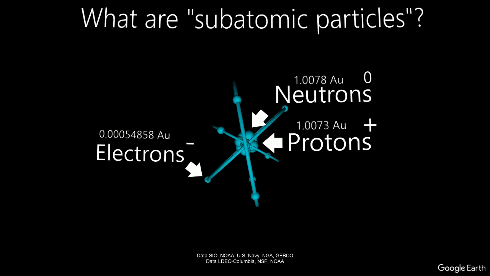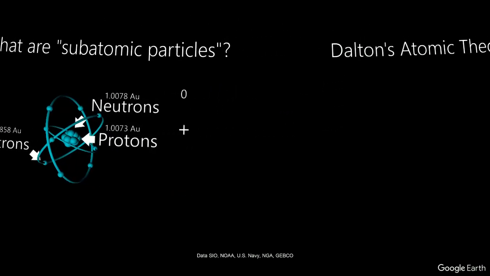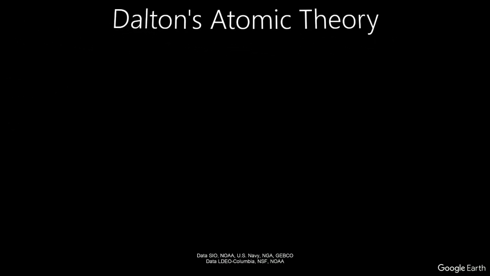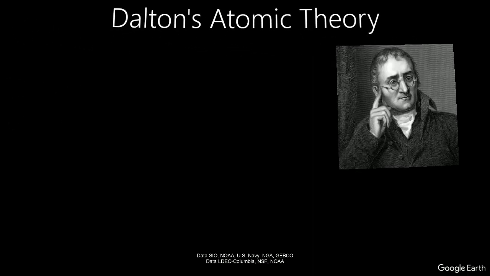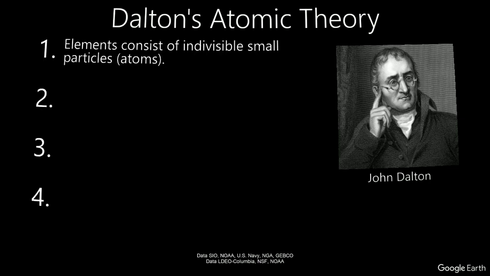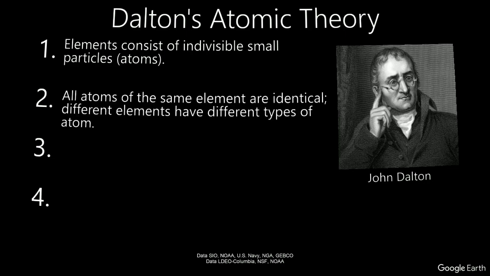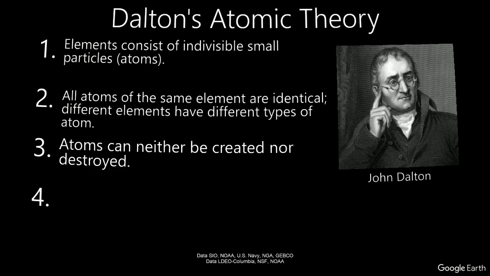Before we dive into the discovery of subatomic particles, however, we must understand the first general atomic theory, Dalton's atomic theory. Stated by English chemist John Dalton in 1803, it consists of four basic postulates. 1, elements consist of indivisible small particles, or atoms. 2, that all atoms of the same element are identical and that different elements have different types of atom. 3, that atoms can neither be created nor destroyed.